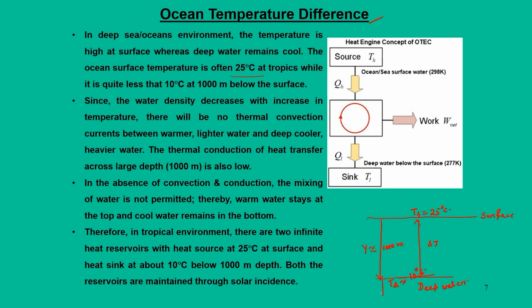Below this there is no further temperature drop possible, because the sun's radiation cannot penetrate. So, whatever ocean currents are available are in these regions, within the depth of 1000 meter.